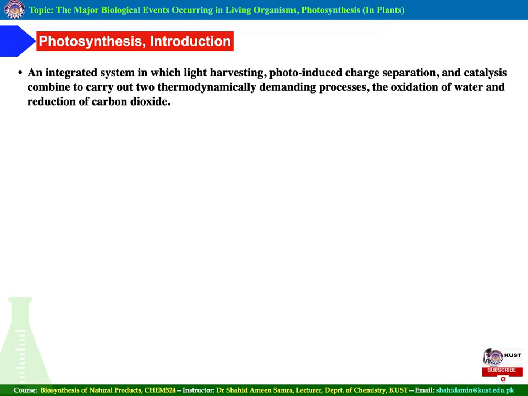The photosynthesis process is an integrated system in which light harvesting, photo-induced charge separation, and catalysis, these three processes, combine to carry out two thermodynamically demanding processes. One of these processes is the oxidation of water, and the other one is the reduction of carbon dioxide.